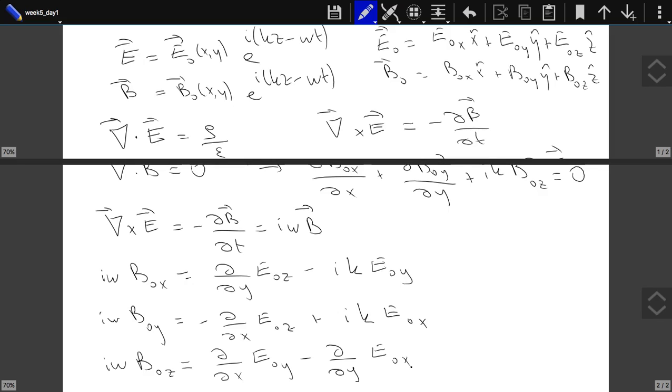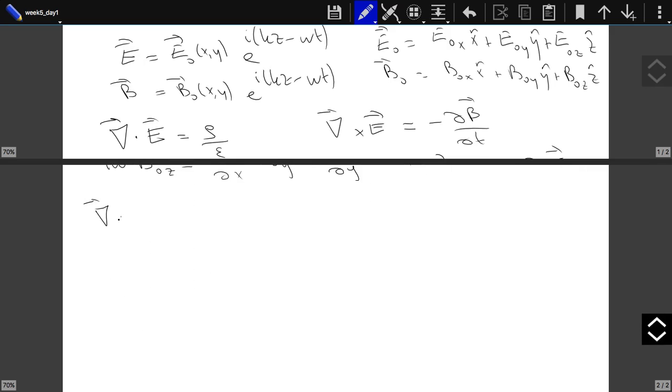And then our final Maxwell's equation, curl of B is equal to mu0 epsilon 0 del E by del T, or let me write it in this form. The time derivative is just minus i omega over c squared times E. Again, this will give me three more equations. So let's write them.